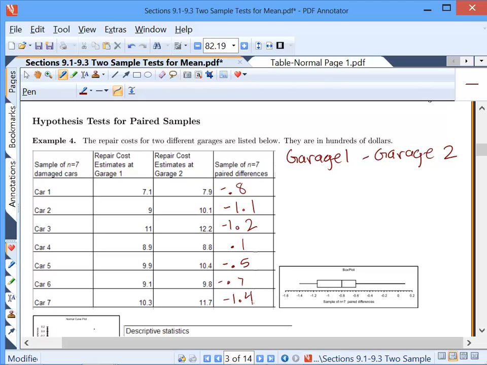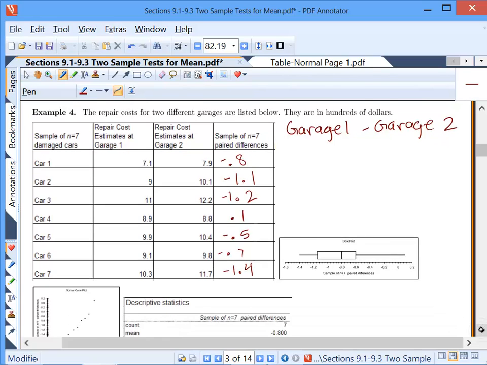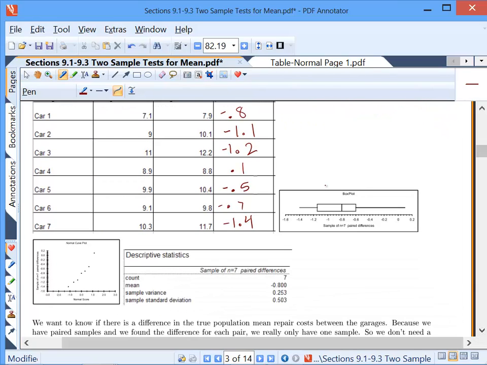Okay. So what we do, because they are paired samples, it makes sense to find the difference for each pair. Now that I've done that, notice I have just one data set for one sample. And with that data set, I could look at the box plot. Okay. I could look at the normal quantile plot, and I could find my descriptive statistics. Okay.